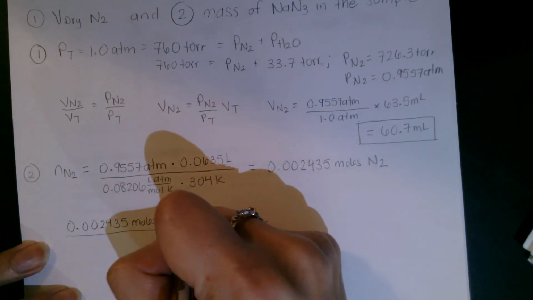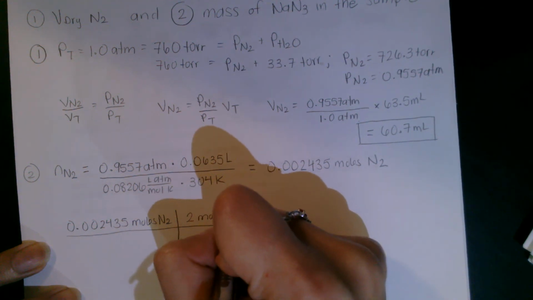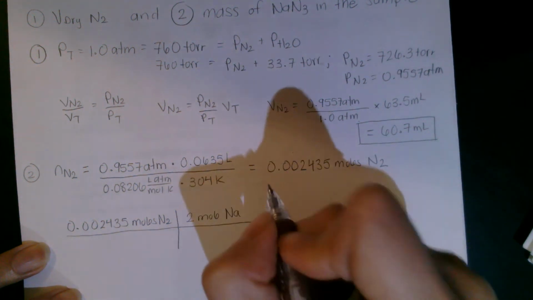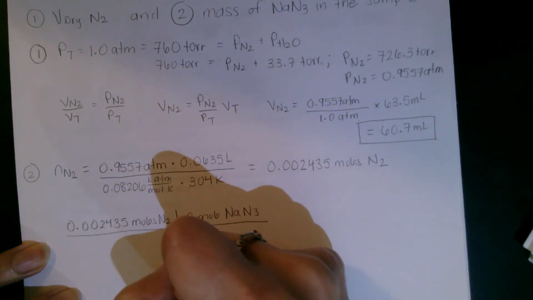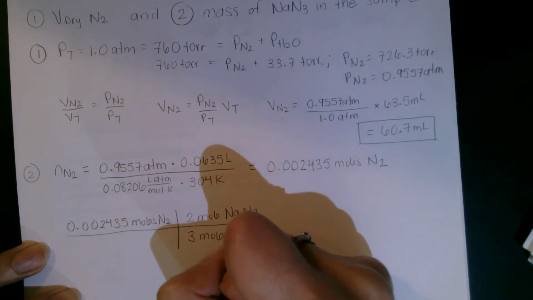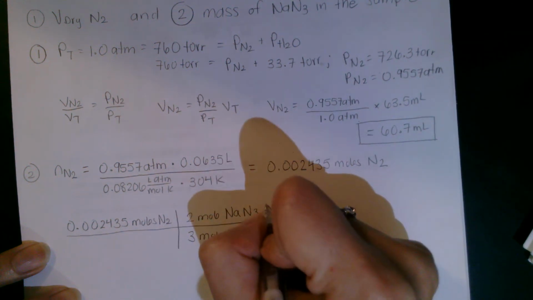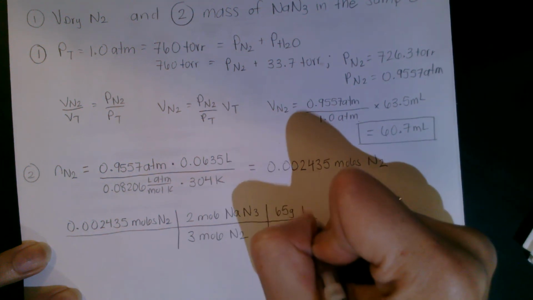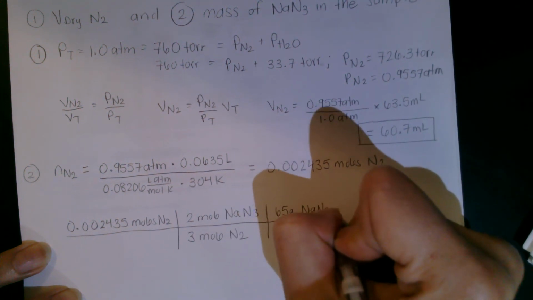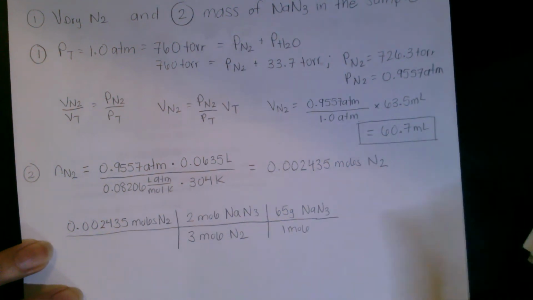So we have 2 moles of NaN3 divided by 3 moles of N2. And then we're going to multiply that by the molar mass, which is 65 grams of NaN3 per 1 mole.